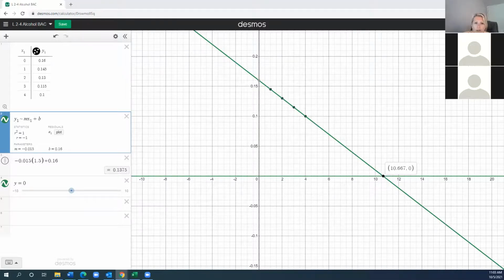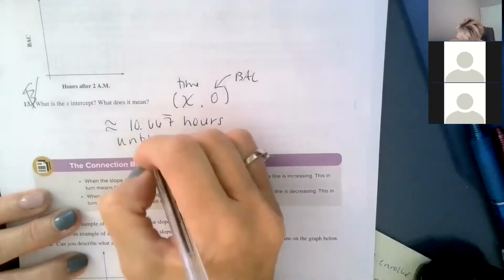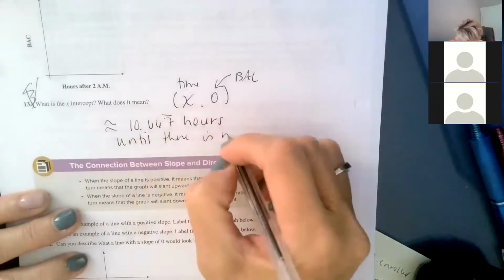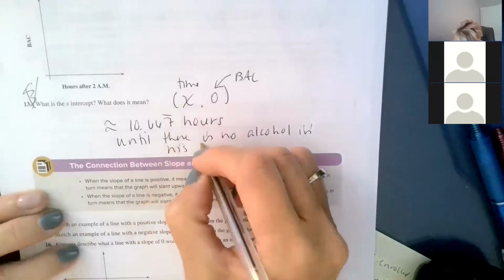So one last share here: 10.667 hours until there is no alcohol in his blood.